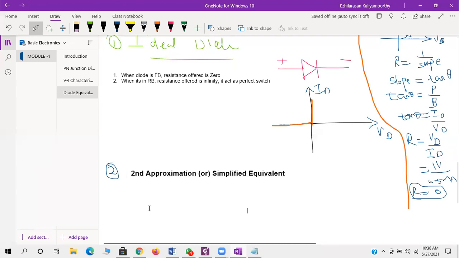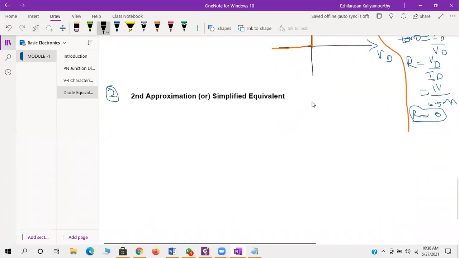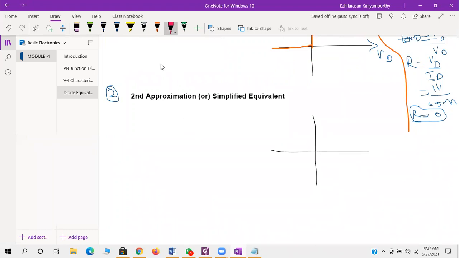So for the second equivalent, how will the diagram be? Let me put the condition again. Here we need to draw the diagram now. Already we know the ideal diode.